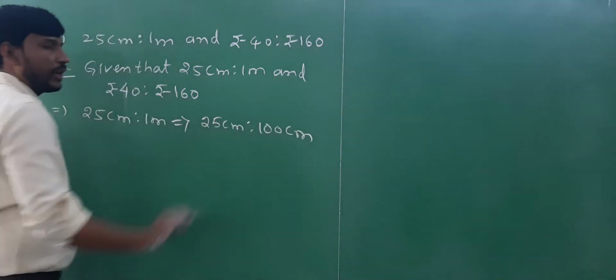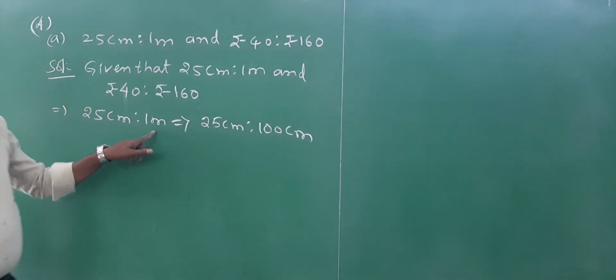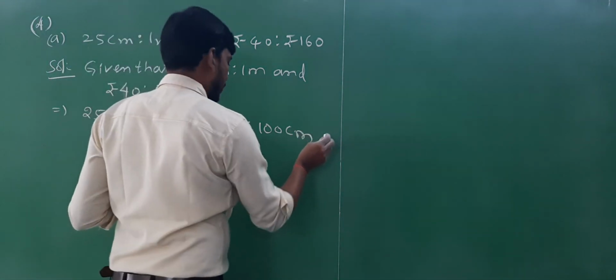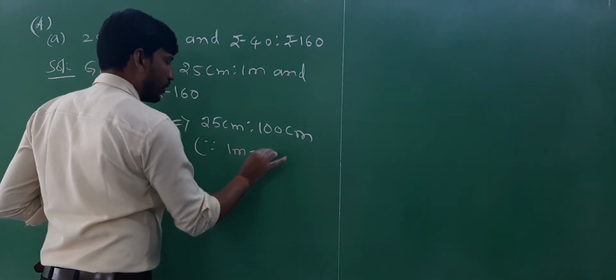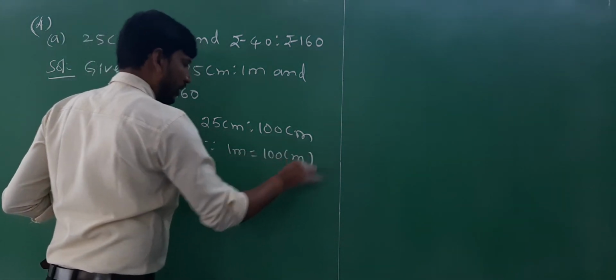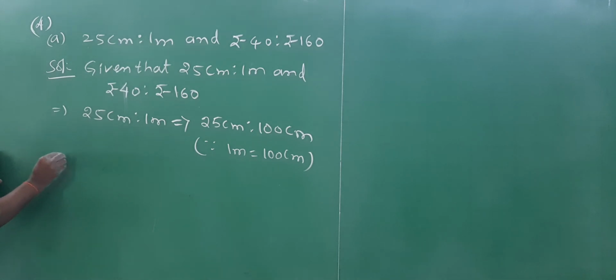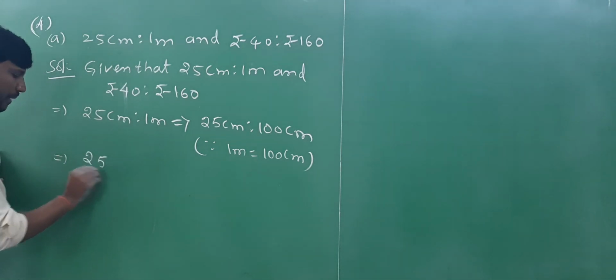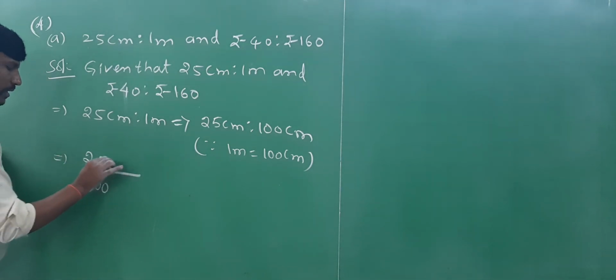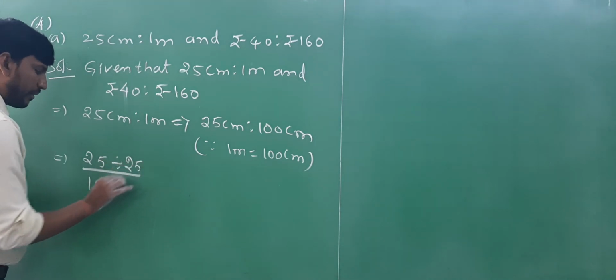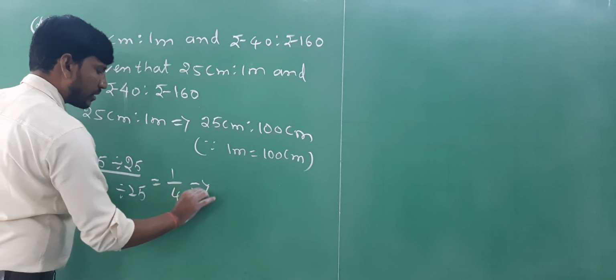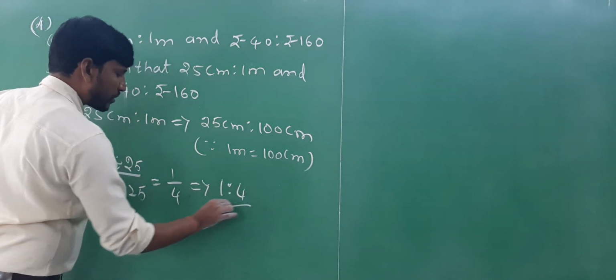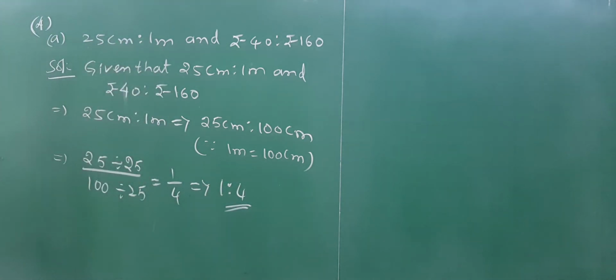Why should we write 100 centimeters here? Because 1 meter is equal to 100 centimeters. Right, children? Now this implies 25 by 100. Both are in the same unit. Divide by 25 in the numerator and denominator. You will get 1 by 4, which implies 1 is to 4 ratio.